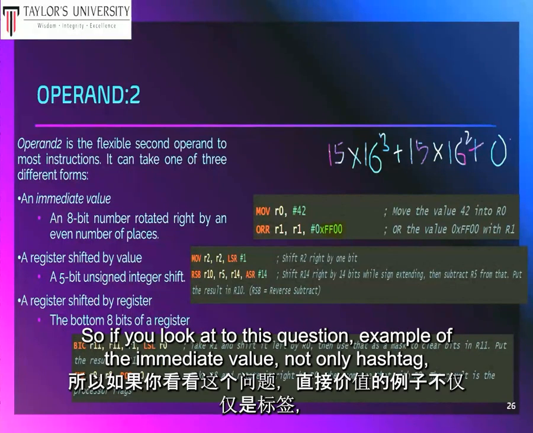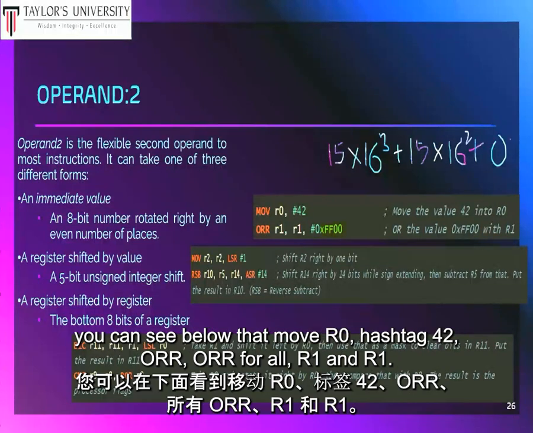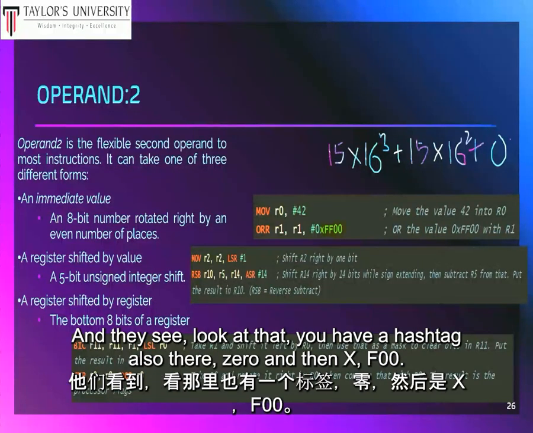Look at this question, an example of the immediate value, not only hashtag: MOV R0, hashtag 42, ORR, which is OR, R1 and R1, and there you also see a hashtag, 0, and then X.